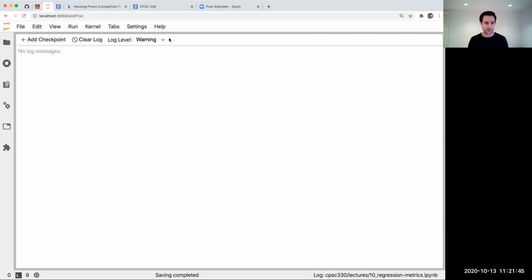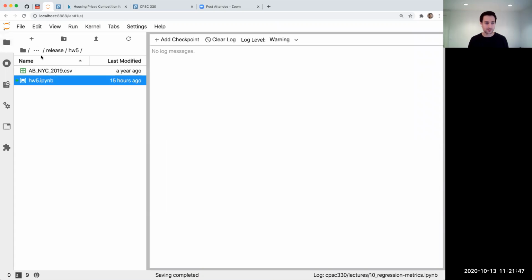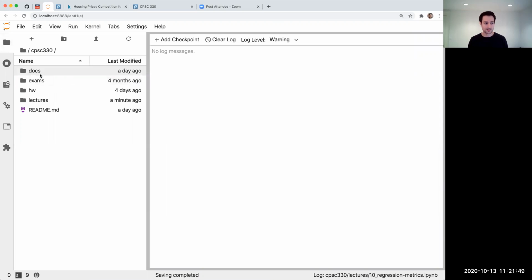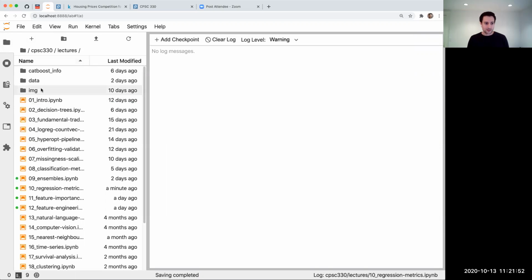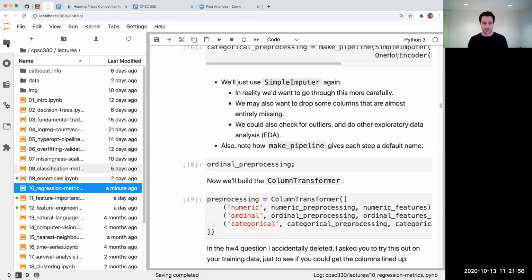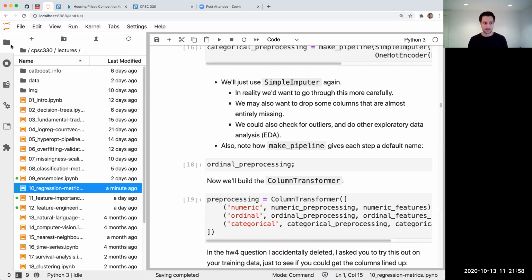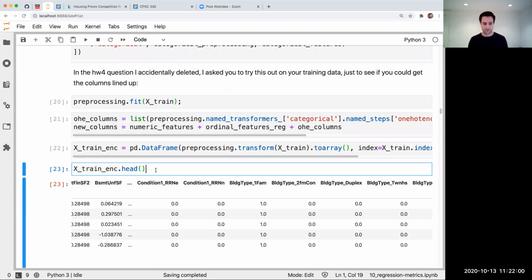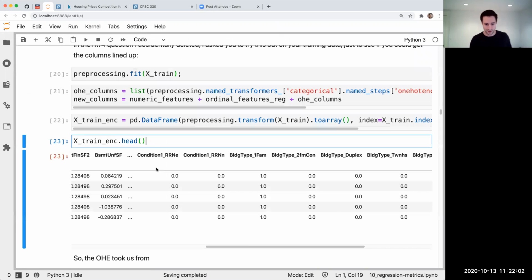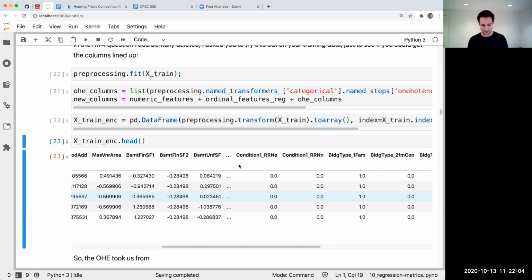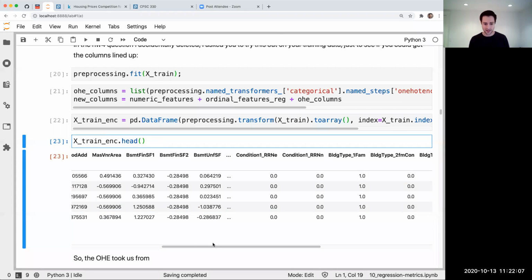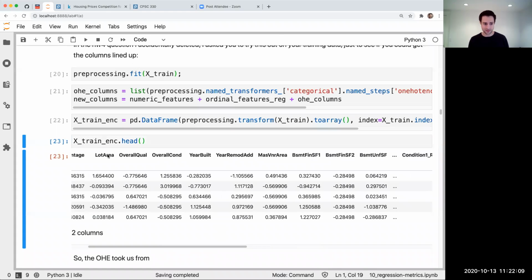Uh-oh. Get me out of here, please. Let's see. Okay. I was going to say I would have loved to see the ordinal variables in between and to see them have like 1, 2, 3, 4, 5.